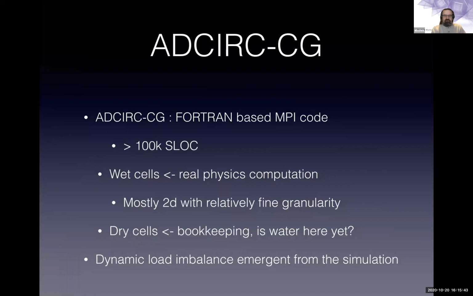That's where all the real computation actually happens. And the dry cells, which are just there in bookkeeping mode until they actually become wet enough to have real physics. This creates a dynamic load imbalance that emerges from the simulation and changes over time. And so this is a perfect target for the kind of thing we want to look at with AdaptiveMPI.